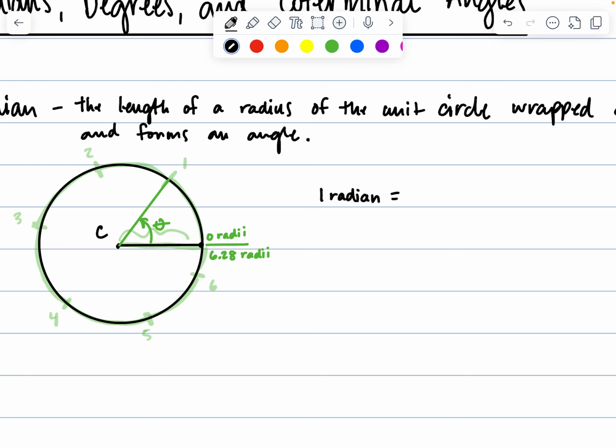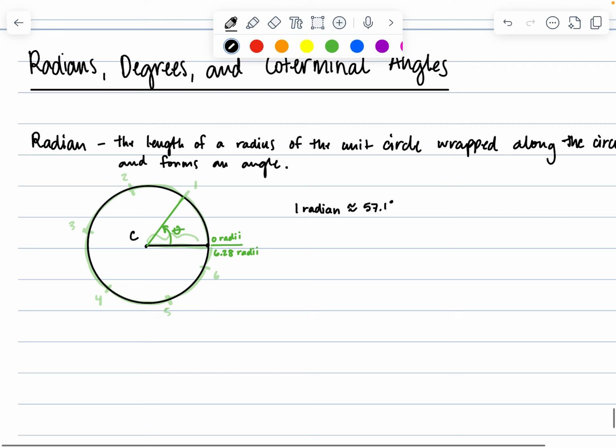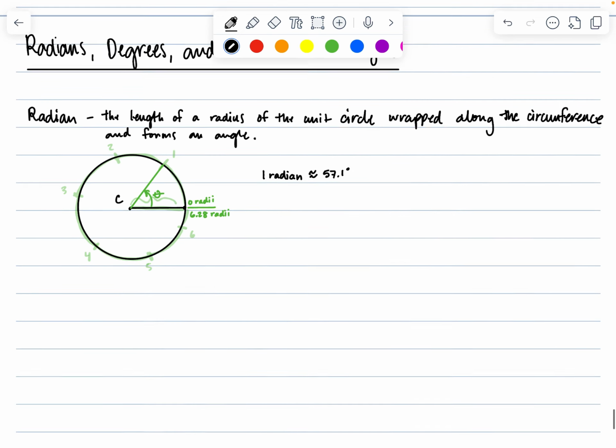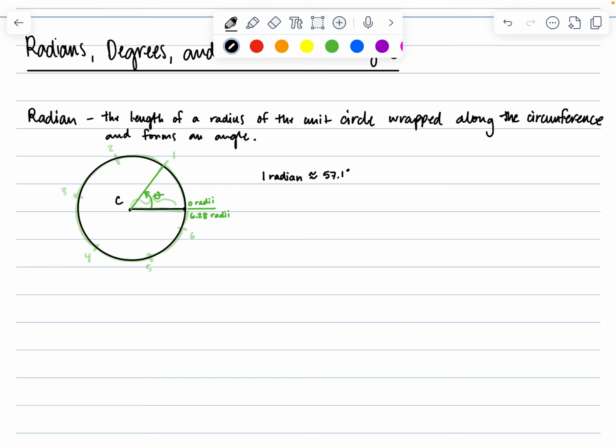It's approximately 57.1 degrees. Okay? And the full circle obviously is 360 degrees, which leads us to our next piece of information. So we should know that a circle is equal to 360 degrees, which is equal to 2 pi.